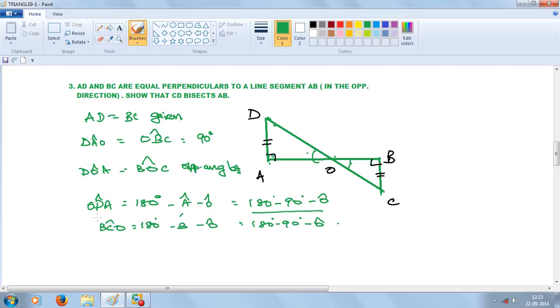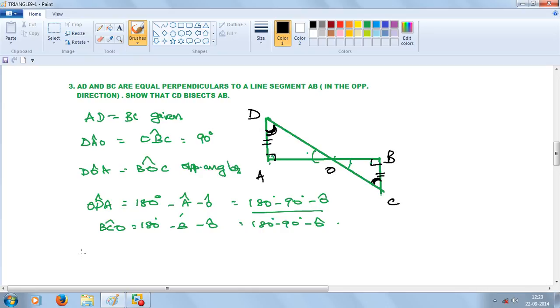angle is equal. So what we found now? We will mark now. This angle is equal to this angle.